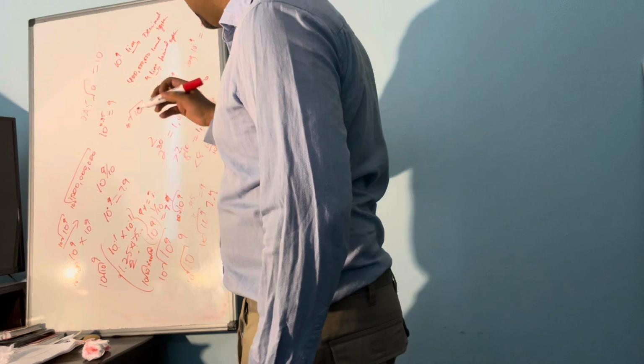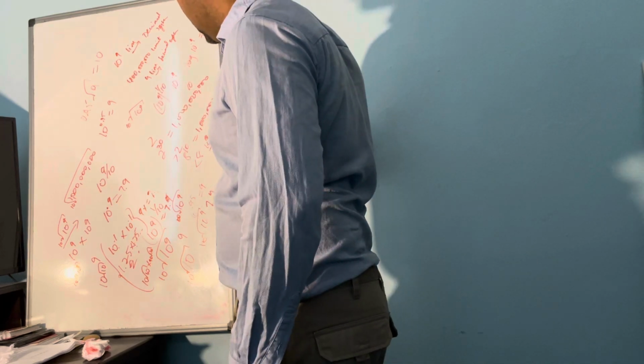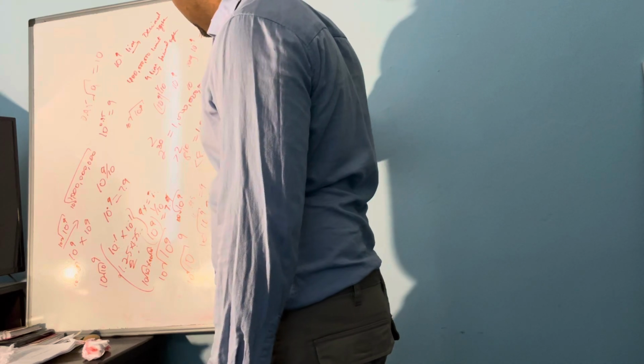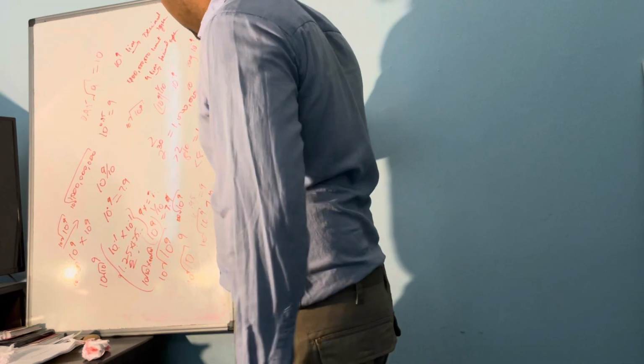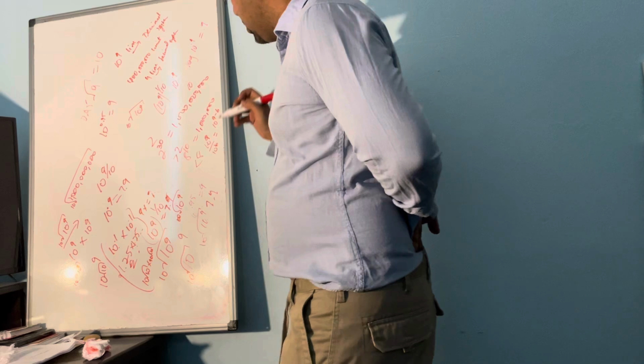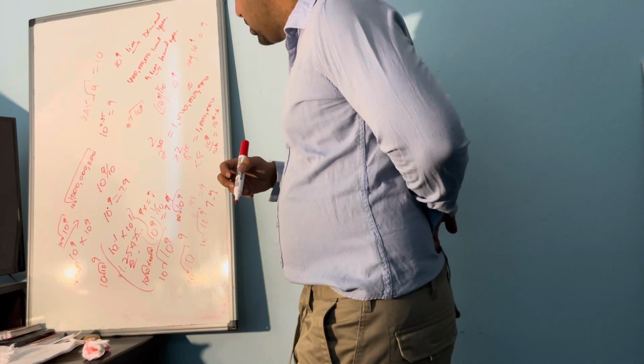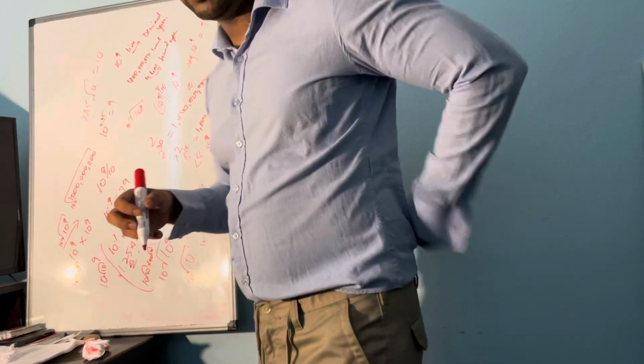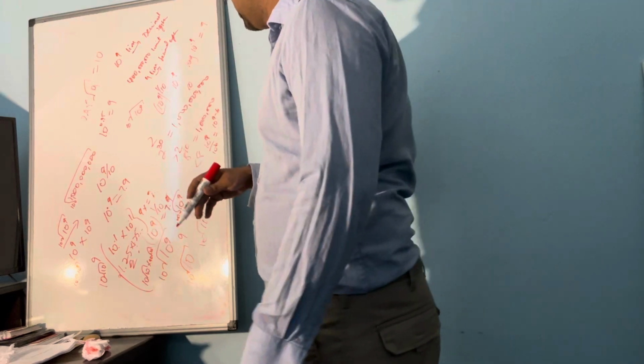So let me say we knew the answer already. If we knew the answer already, 10 to the power of 0.9, and we log this, the log is 0.9.